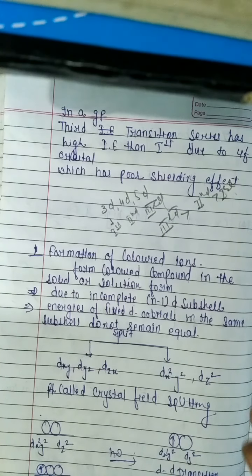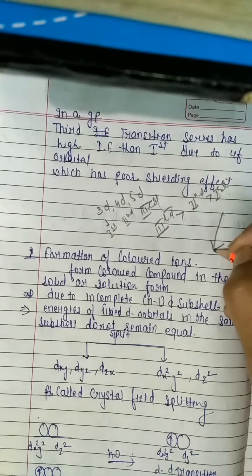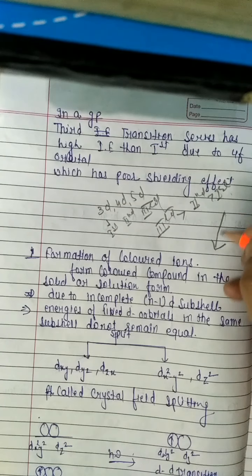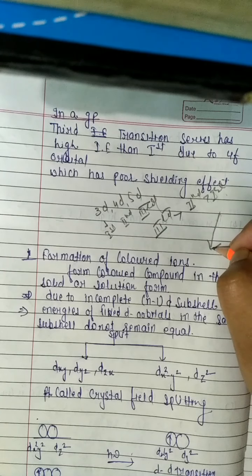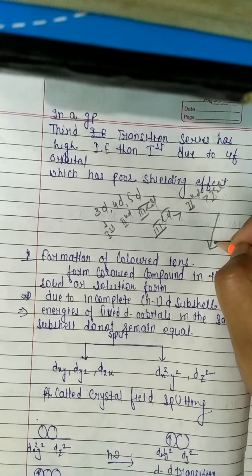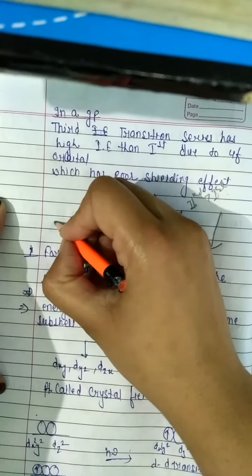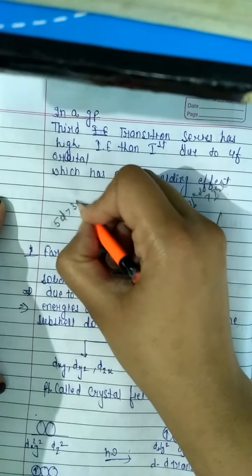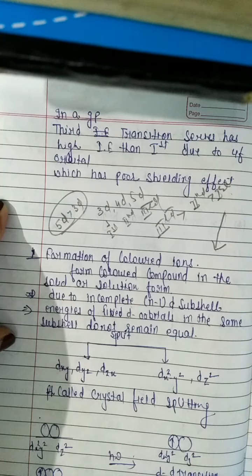In class 11, we said that when we move from top to bottom, the number of shells increases, so size increases and ionization enthalpy decreases. We need a lesser amount of energy to remove an electron. But in this case, this is not so. This is the opposite. Now, why does 5d have more ionization enthalpy as compared to the 3d transition series?